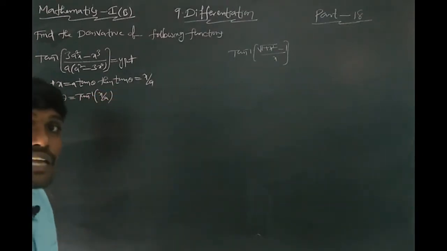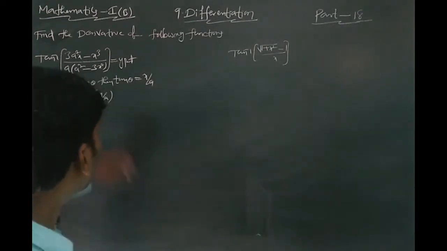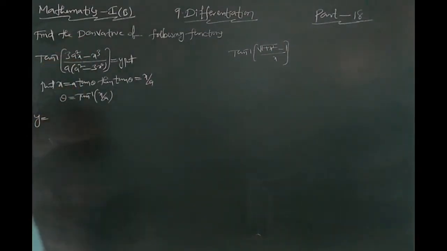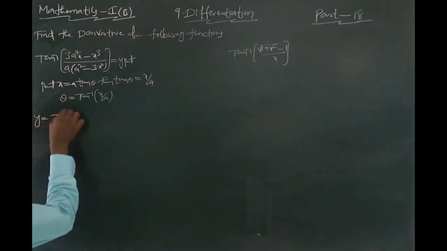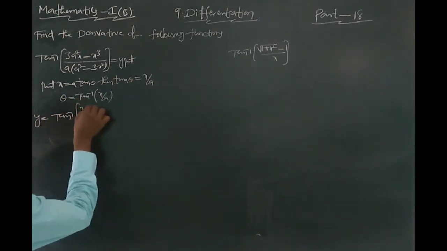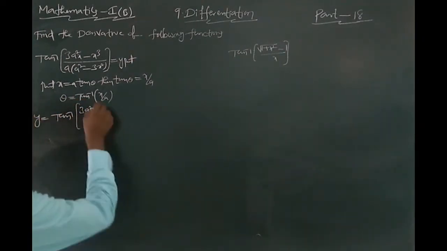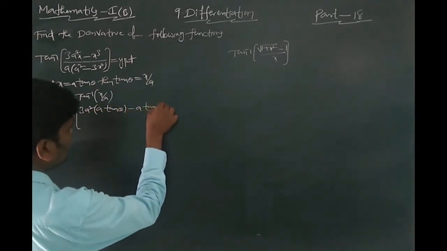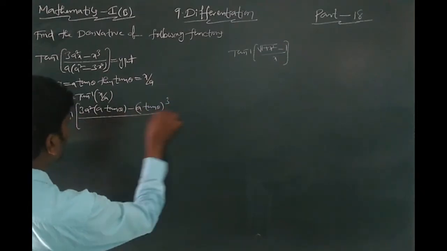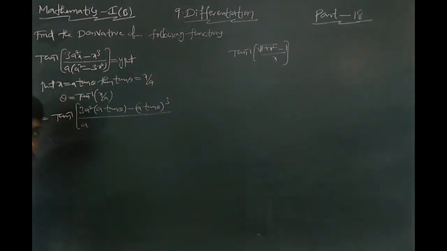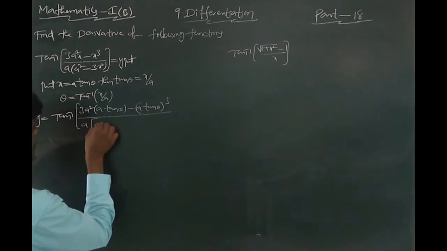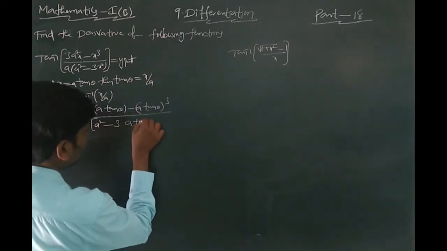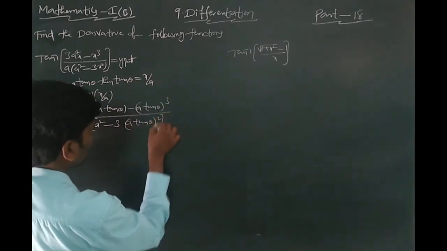Theta equal to what here? Tan inverse of x by a. In this function, in place of x, you can write a tan theta. Tan inverse of 3a square into x, which is a tan theta, minus a tan theta whole cube, whole by a into, here a square minus 3 x square, which is a tan theta whole square.